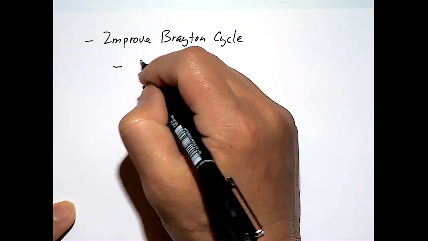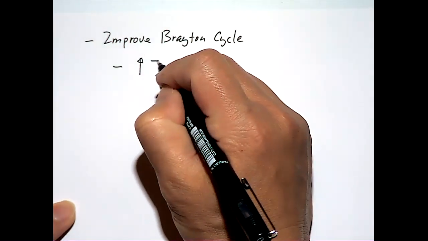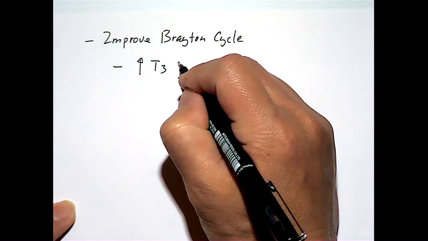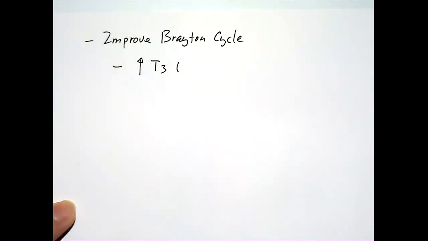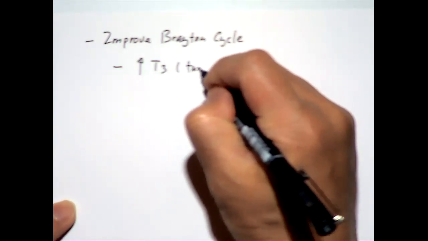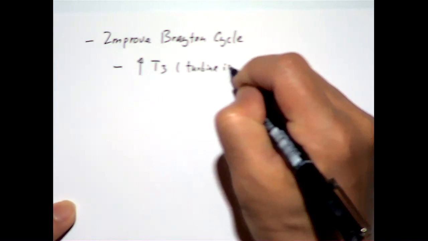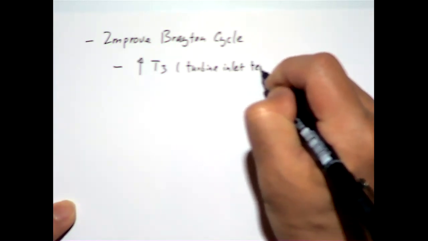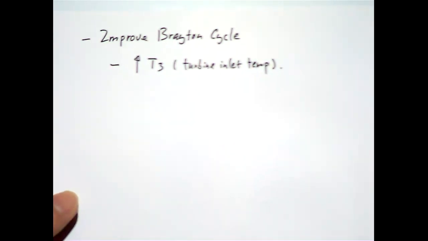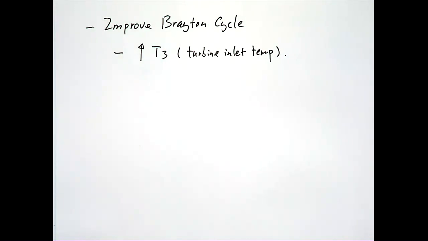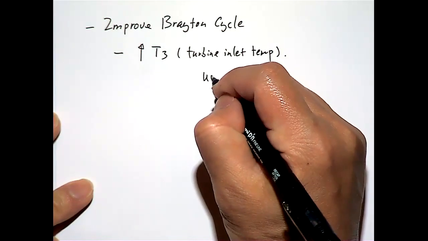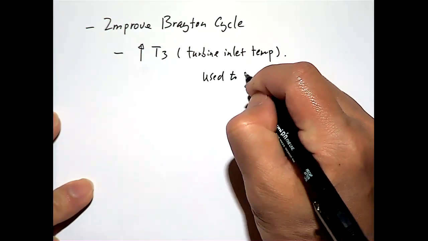One is to increase the turbine inlet temperature. On the basic cycle, that's called T3, which essentially refers to the turbine inlet. This is something people already realized and already achieved as much as possible, right? So this is already used to the limit.